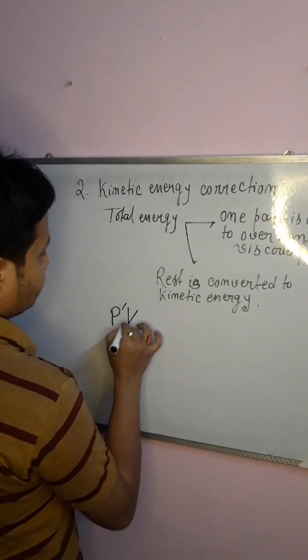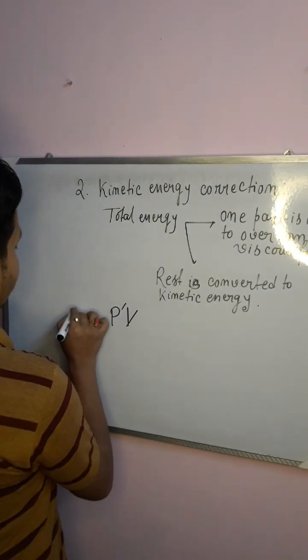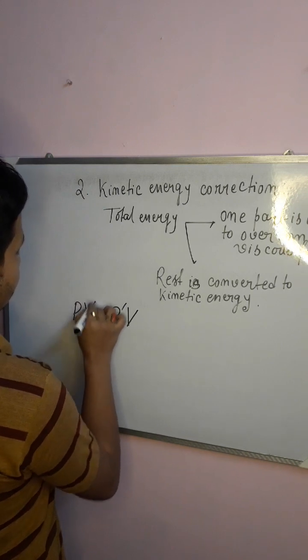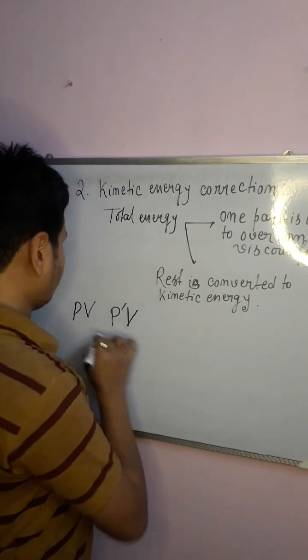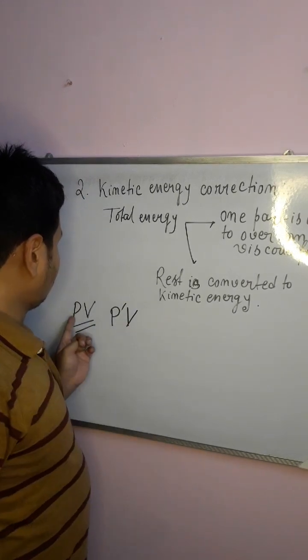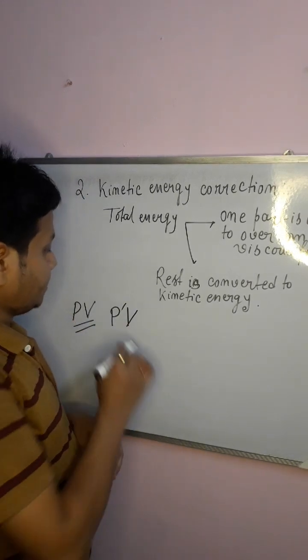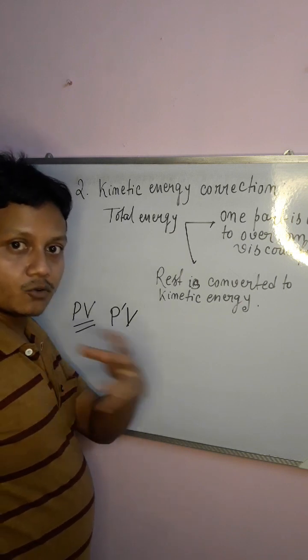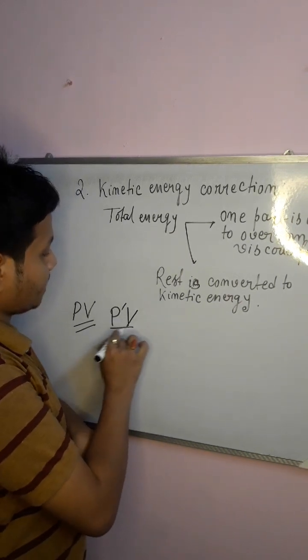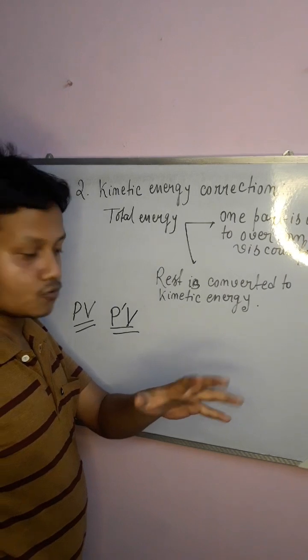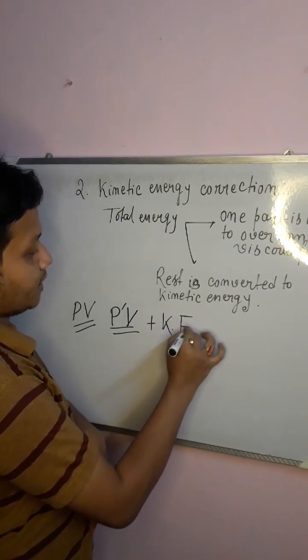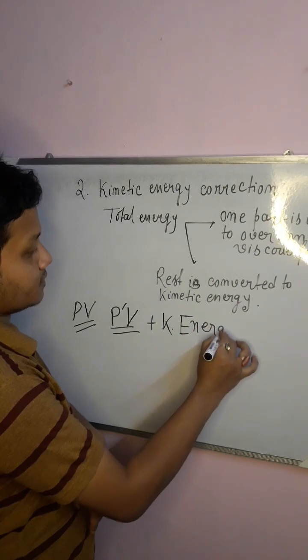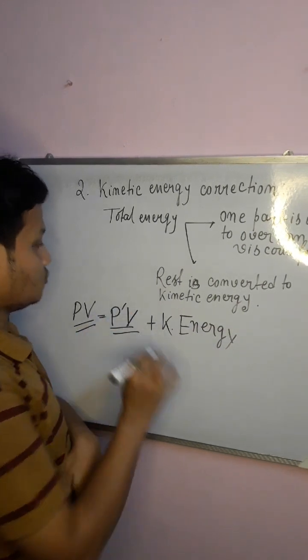That is P dash V. If PV is the total energy, because P is the pressure difference between the two ends of the tube, this is the total work. And if P dash is the effective pressure that overcomes the viscous force, this is the energy required to overcome the viscous force, and the rest is converted to kinetic energy. So we have to calculate this.